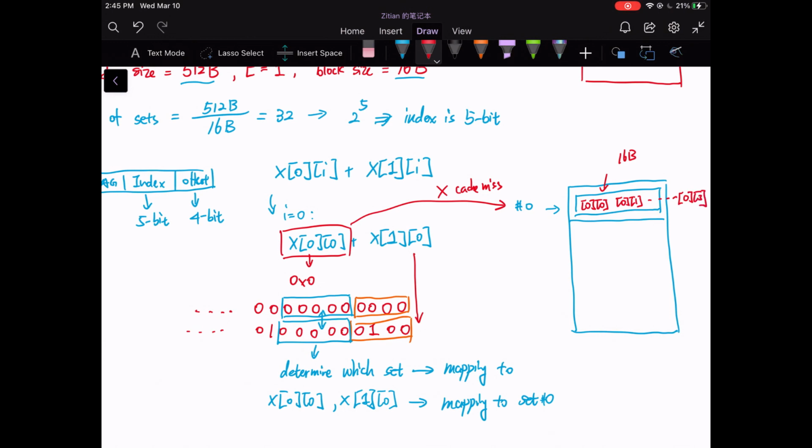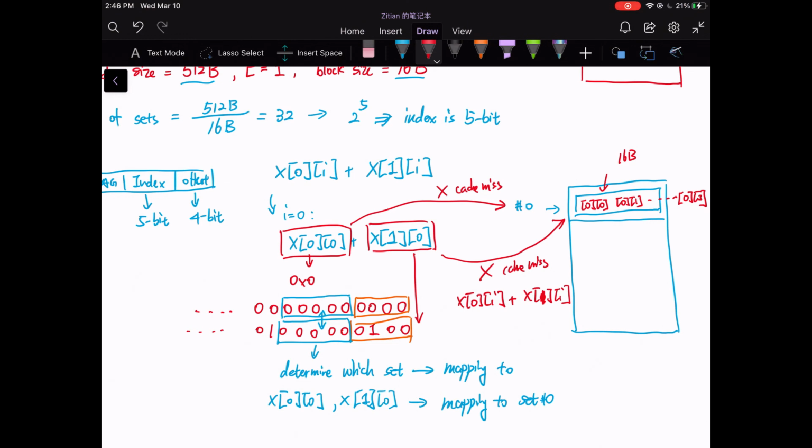Then x10 tries to access the data. We go to the same set. We find it's different, so it's a cache miss again. So if we access data in this order, x0i plus x1i, we always get cache misses.